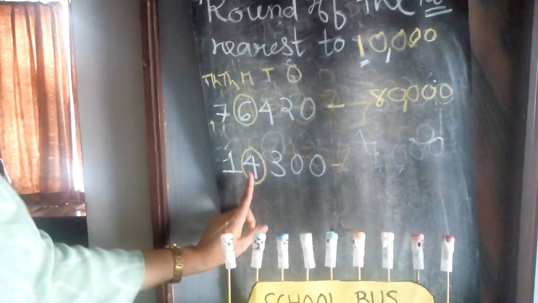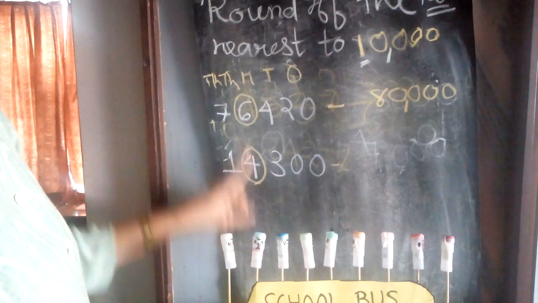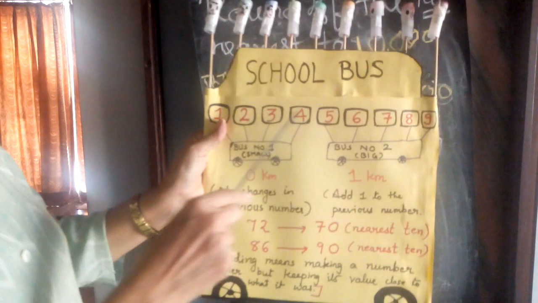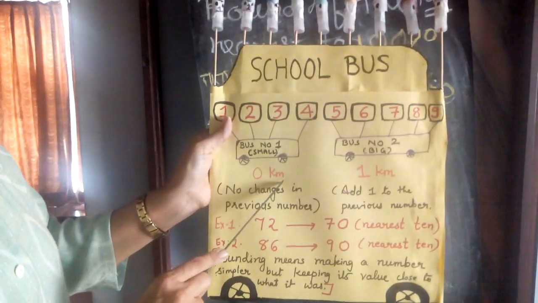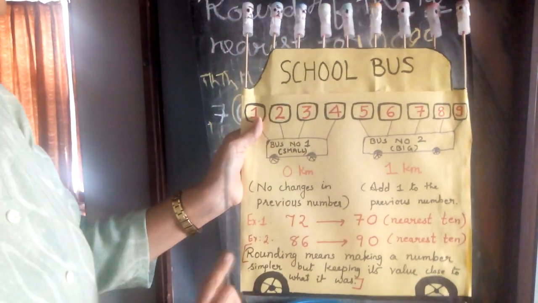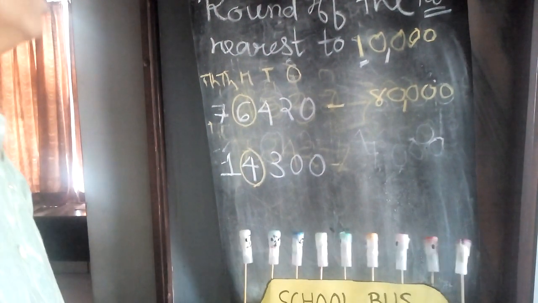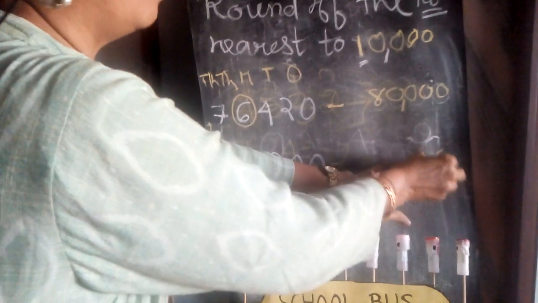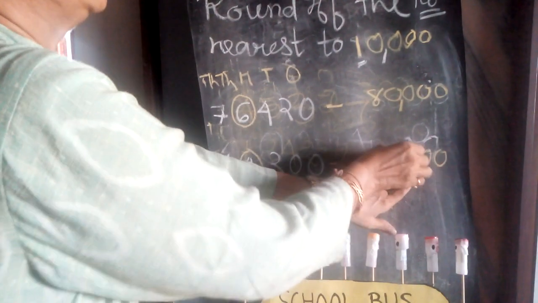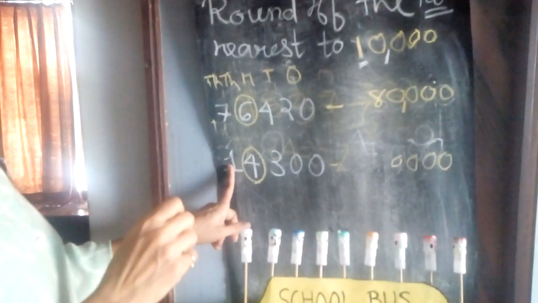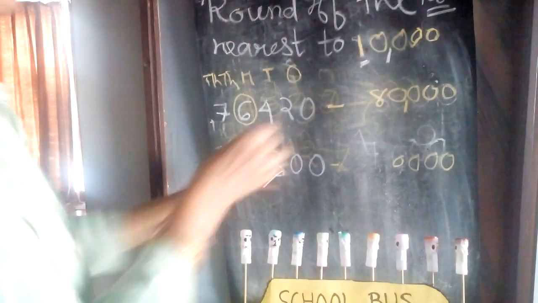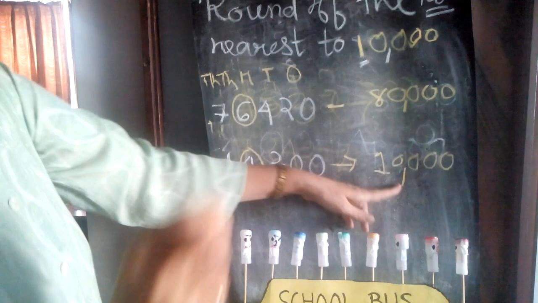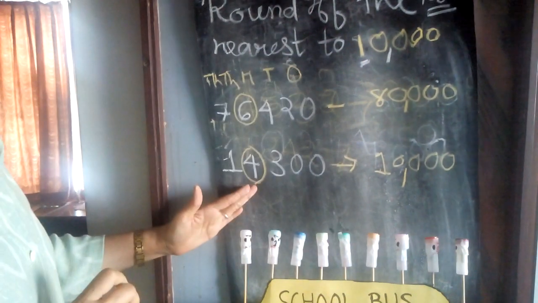Same way, next number, the circled digit in 1000 place is 4. That means standard 4. So 4 standard is in small bus, 0 kilometer. So no changes in the previous number. So our ones, tens, hundreds, thousands digits will be 0 and no change in the ten thousands place, means 1 will remain 1 only. So your rounding of the number will be 10,000, and your original number was 14,300.